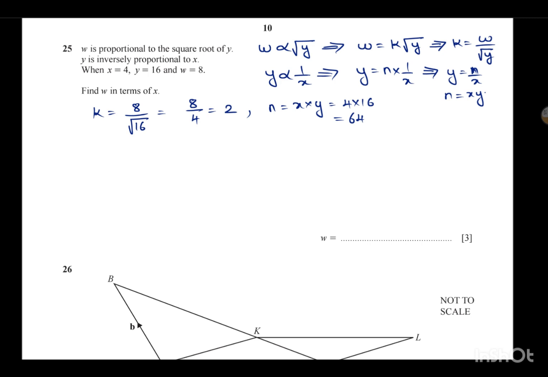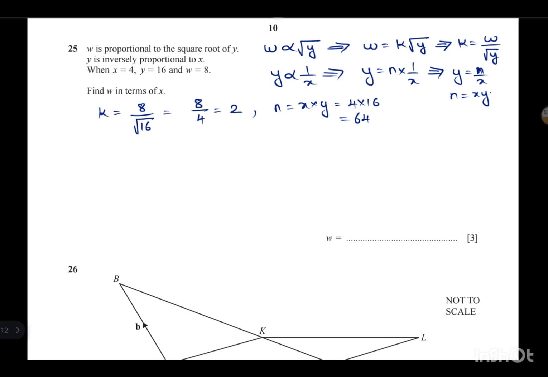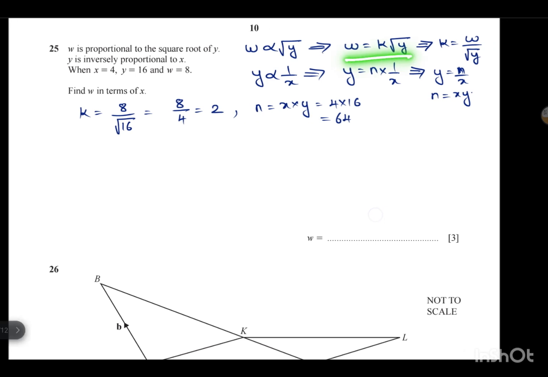Okay, so now w in terms of x. Take this equation here, instead of y, write down w is equal to k multiplied by root y. That will be k multiplied by root n by x. Now substitute the values of the constants: 2 into root 64 by x.